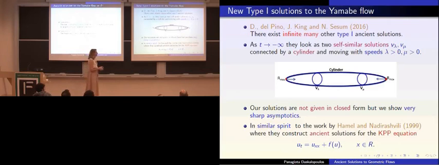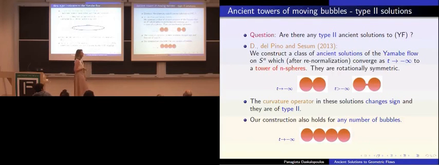Therefore, we were able to construct a 5-parameter family of ancient compact solutions coming from gluing. You can glue one soliton on one side, one soliton on the other side, and a cylinder in the middle. These are type 1 ancient solutions. So classifying doesn't make sense because we have so many.